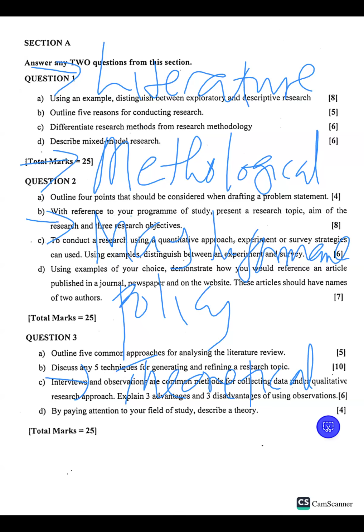There is scant literature in this area, at least to the best knowledge of the researcher, as far as the researcher knows. It will add to methodology, it will add to theory, and it may inform policy. So this is how you justify your study.